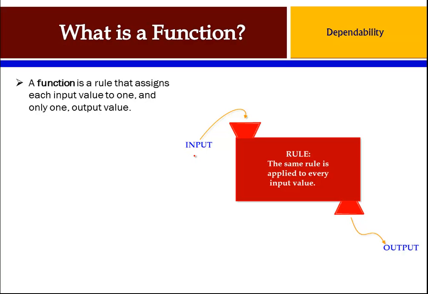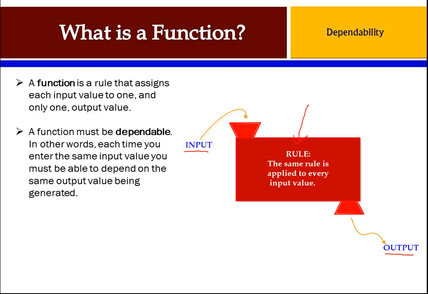So when you have a function, some value will go into the function, some value will come out of the function, and inside the function some operation or rule is being applied. It doesn't necessarily have to be values, but generally speaking, we'll be working with functions that do process numerical information.